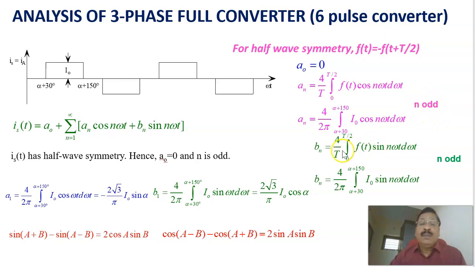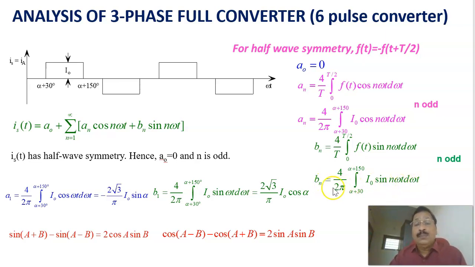Similarly, bn, the general equation is 4 by T integral 0 to T by 2 f(t) sin n omega t d omega t. In this case, substituting the limits alpha plus 30 to alpha plus 150, with time period T equal to 2 pi, it is 4 by 2 pi integral of I naught sin n omega t d omega t.